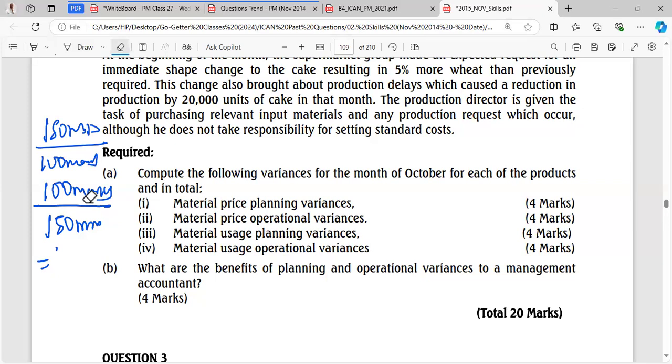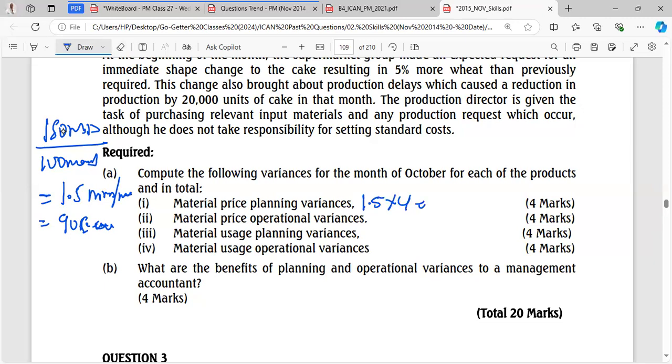So this is going to give you 1.5 minutes per mark, which is the same thing as 90 seconds. So if we have 4 marks here, you have 1.5 times 4, which is 6 minutes. In 6 minutes, you should be able to do this.